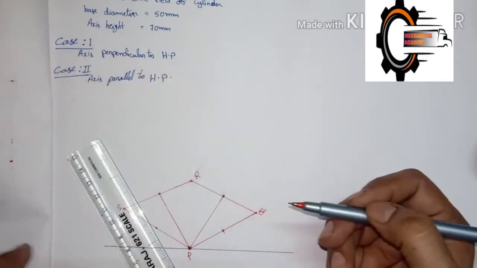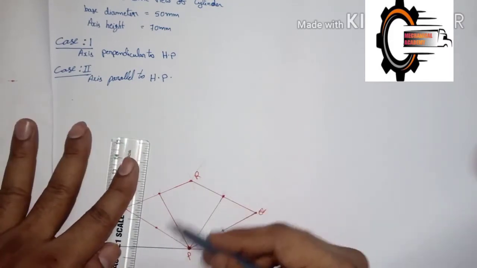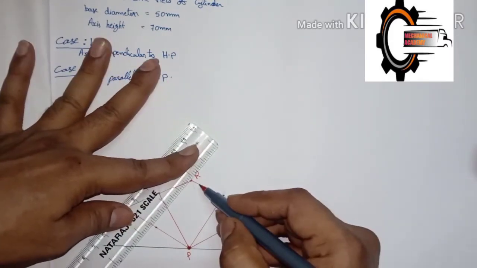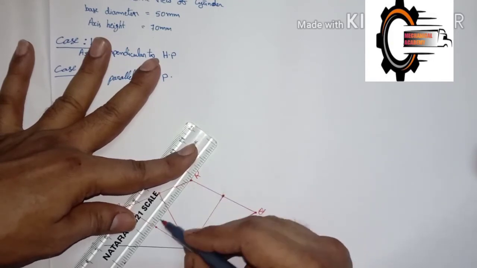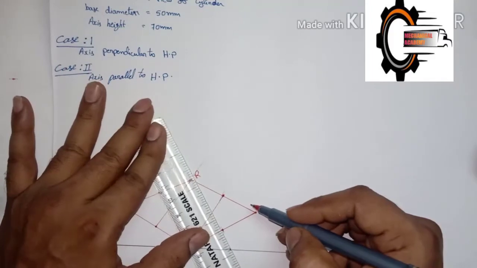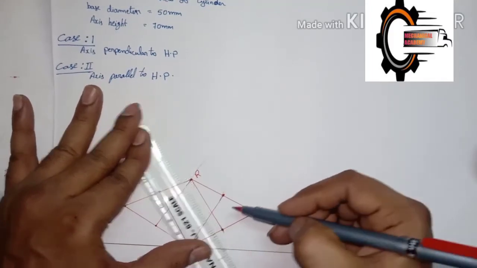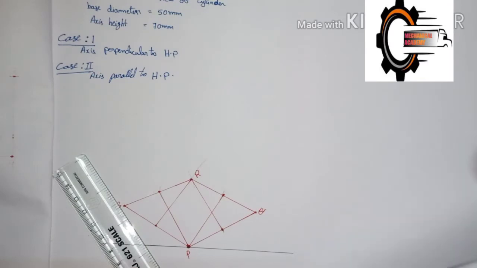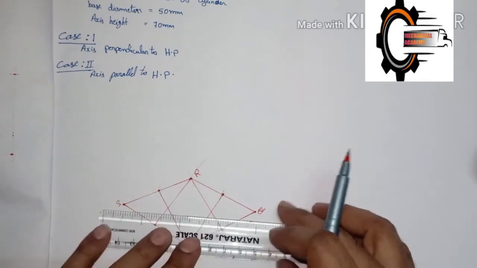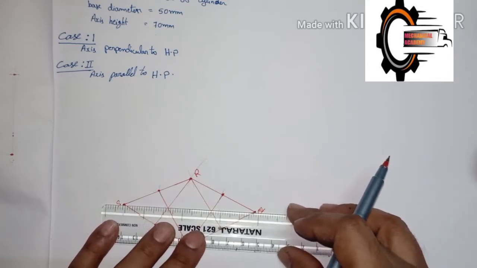Similarly, point R is joined with the opposite midpoints, like these two. That's it. Now I have to do another thing: draw the diagonal line from S to Q.